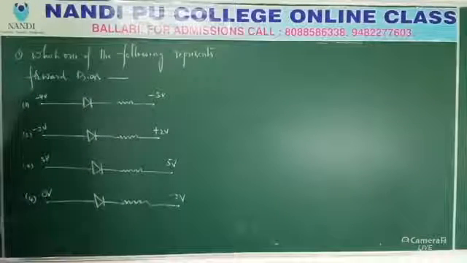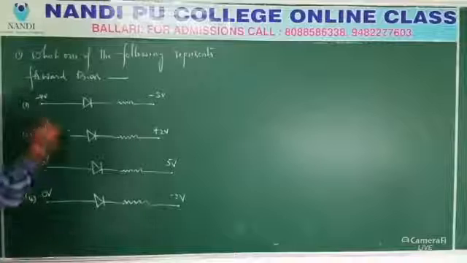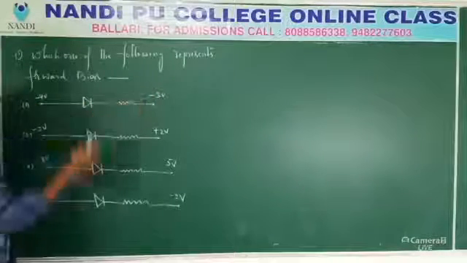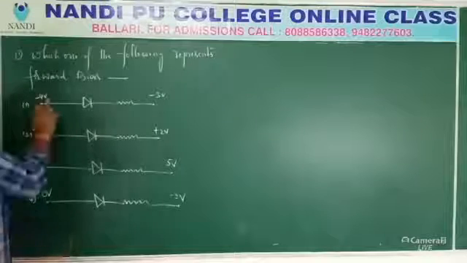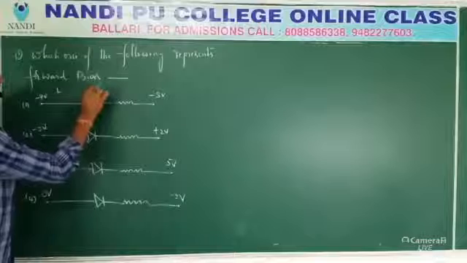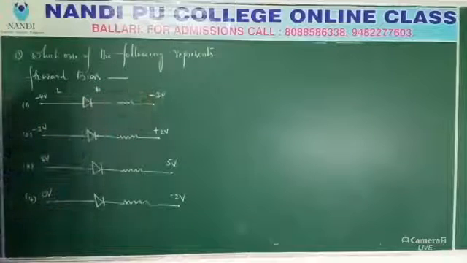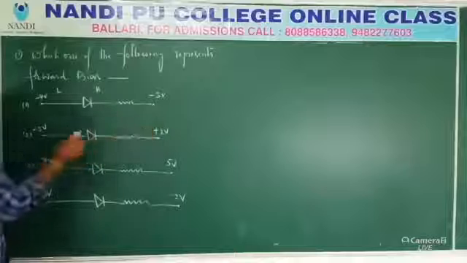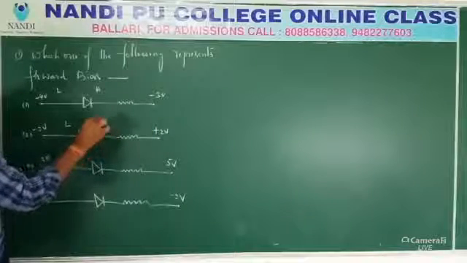Forward bias. Minus 4, this terminal is given minus 4, this is minus 3. Minus 4 to minus 3 means low potential to high potential, because it is a higher value. So it is connected from low to high. Minus 2 to plus 2 is also low to high.